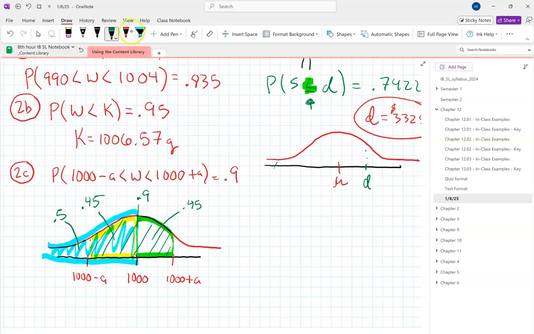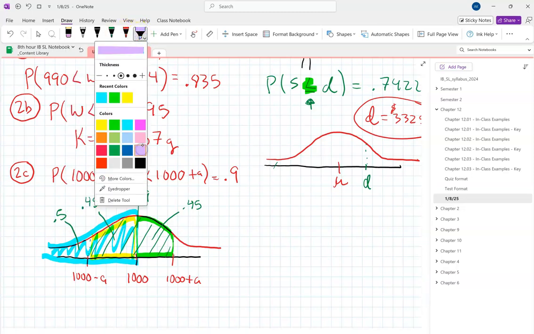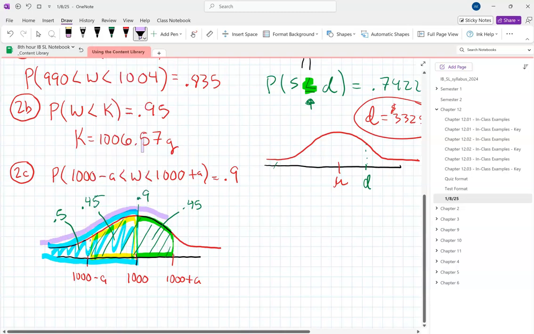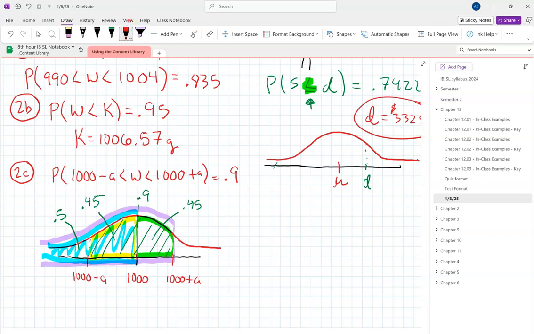Okay. So if I put this all together then, what is that in purple? It's the probability that W is less than 1,000 plus A. Everybody agree with that?